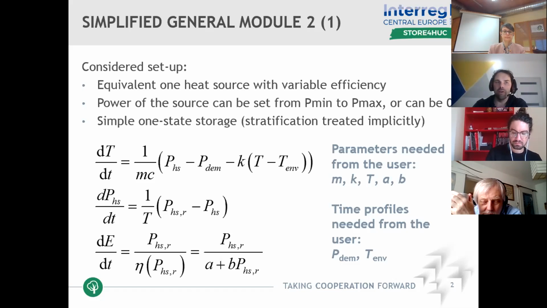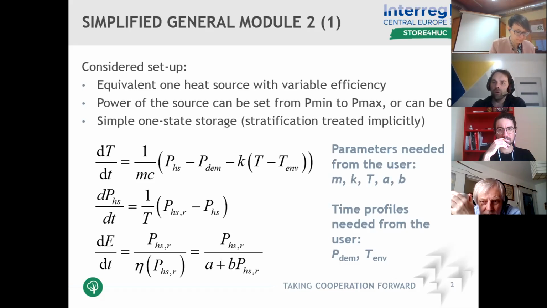So this is a simple modeling of the time needed, from the time of engagement, to provide the heat. So heating up of the heat source.